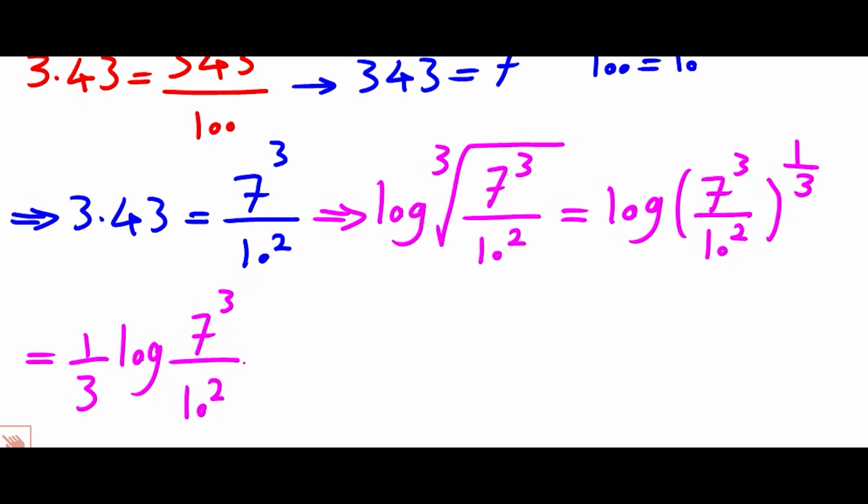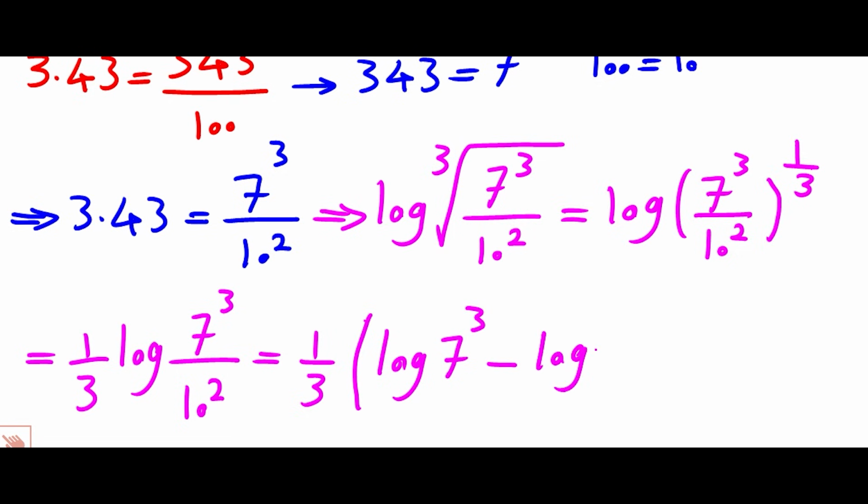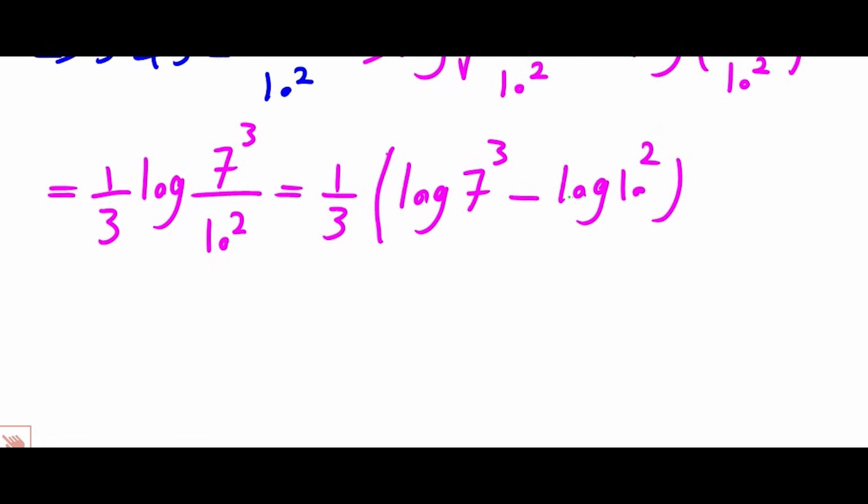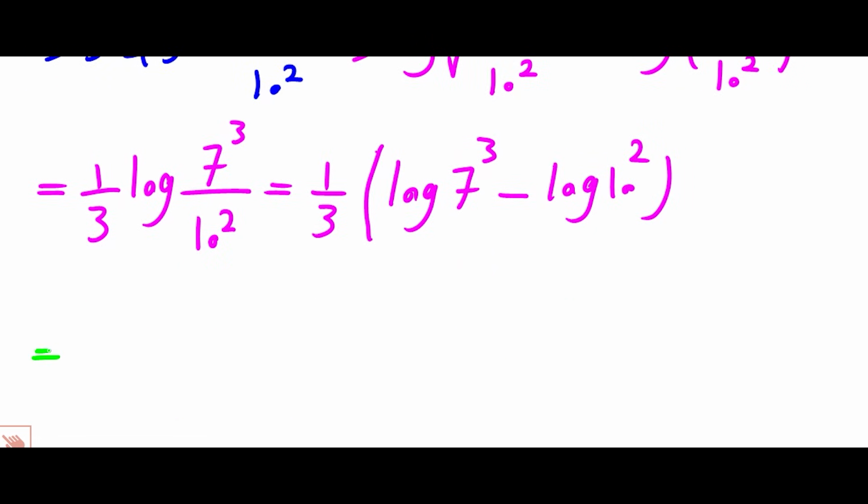Now we use the quotient rule, which means 1 over 3 times log of 7 cubed minus log of 10 squared, right? Now using the power rule again, we have 1 over 3 times 3 log of 7 minus 2 times log of 10, which is 2 minus 2.